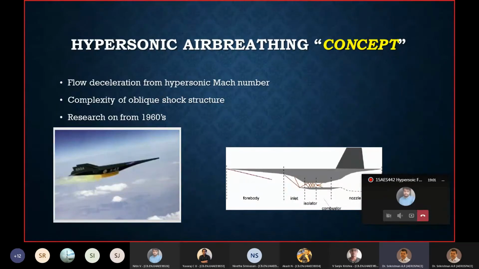Okay, now coming to the hypersonic air breathing concept again, we unfortunately still have to keep calling it a propulsion concept, because it's still at the research and model testing stage, etc. We know that it becomes news when NASA flies a scramjet for maybe a few seconds, say 10, 13, or 20 seconds.